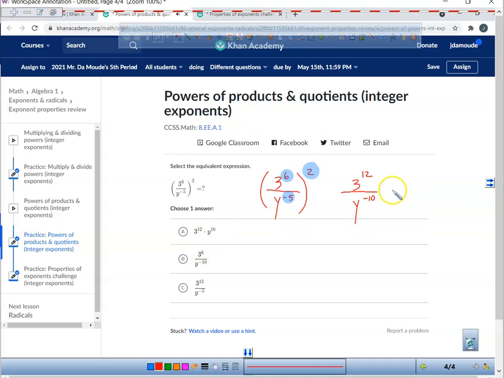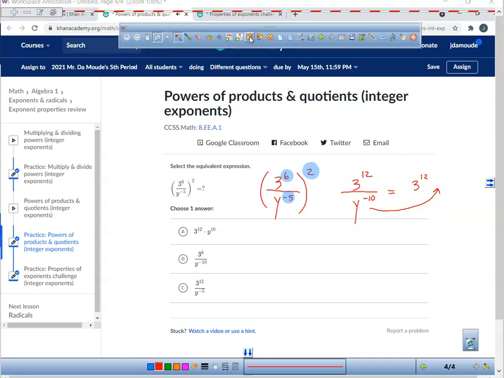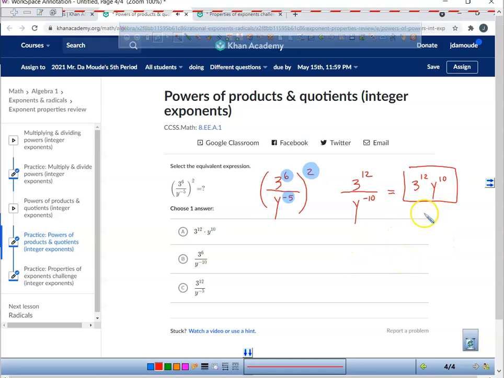So I want you to understand, if I want to make a negative exponent positive, all I got to do is just take this and move it up, from underneath to right up next to the 12. So that's going to be y to the power of 10. And that's your answer. So if you ever want to make a negative exponent positive, just move it up or move it down.